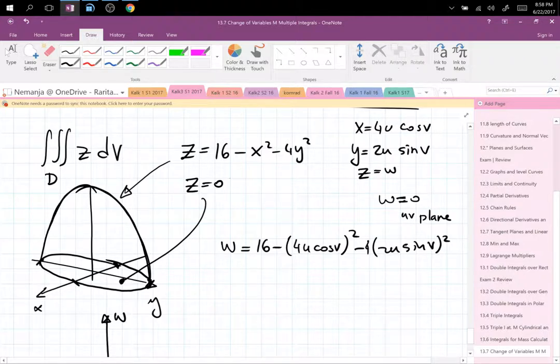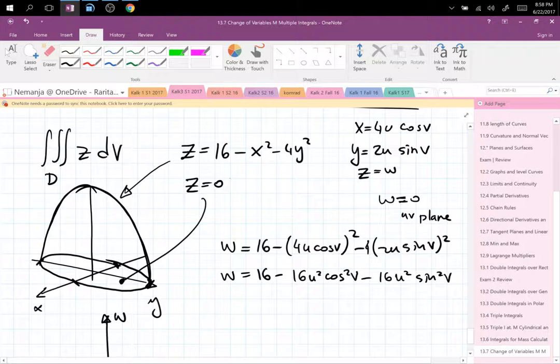And just follow algebra. W is equal to 16 minus 16u squared cosine squared v minus 4 times 4 is 16, u squared sine squared v.